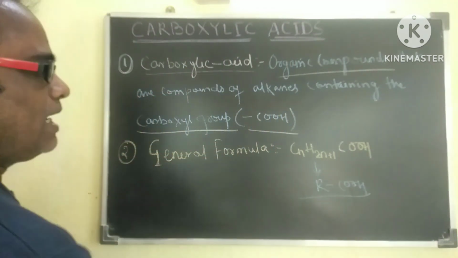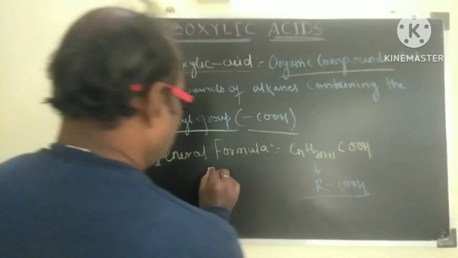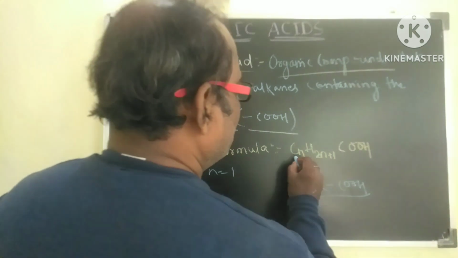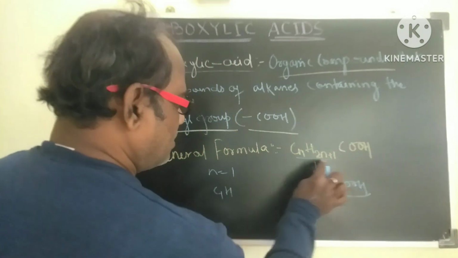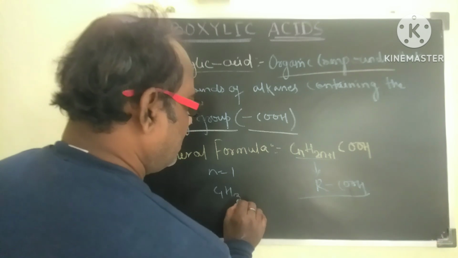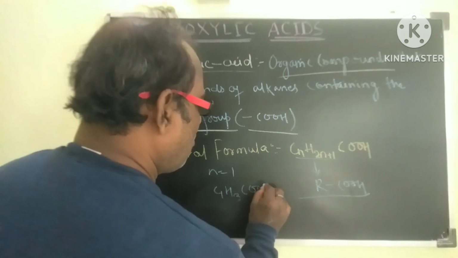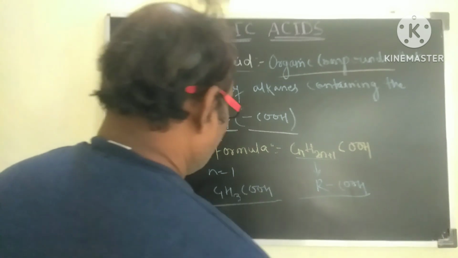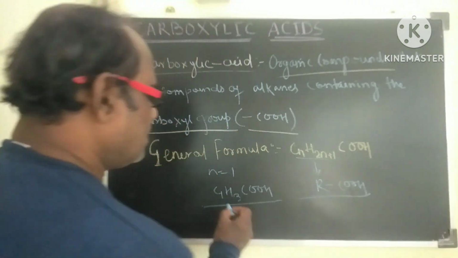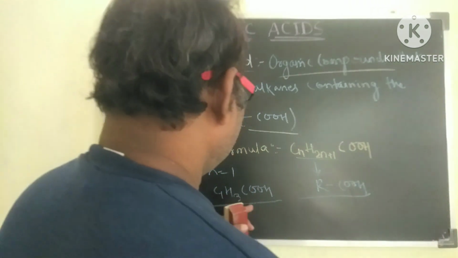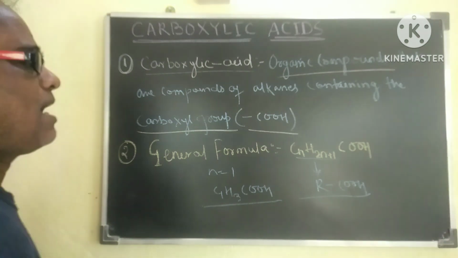Now if n equals 1, the formula becomes CH3COOH. So what is this CH3COOH? We can write here 2 carbon atoms are there. So this is what we say is acetic acid.